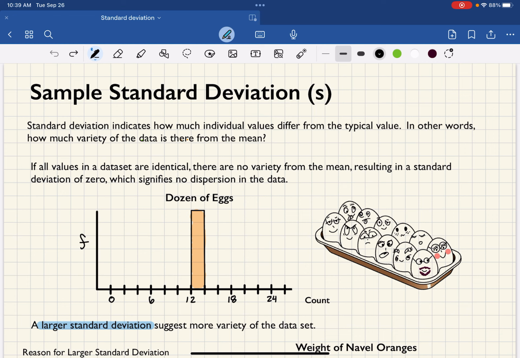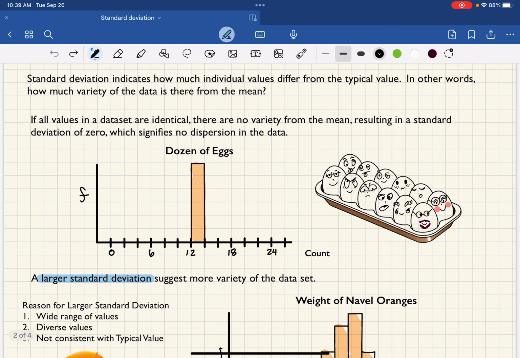But if you're getting all 12, you're consistent, and it means that there's no variety. There's nothing less or nothing more than 12. In this case, the sample standard deviation is going to be 0. So I think that gives you an idea of the standard deviation.